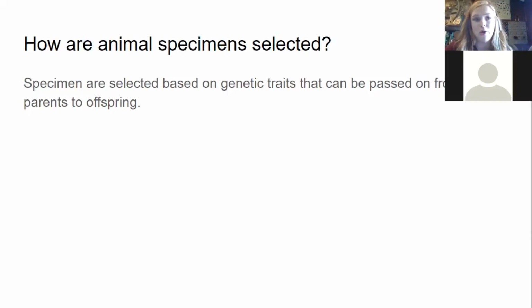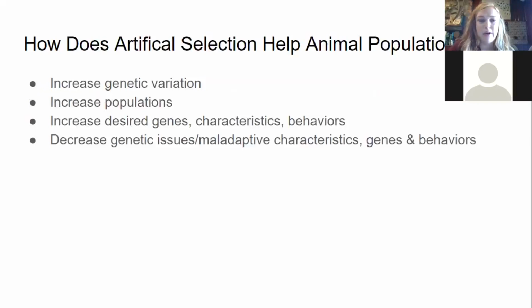Because that's also an issue that can occur. Let's go back to that prior slide, we talked about decreasing genetic issues or decreasing the amount of maladaptive characteristics, genes, and behaviors that animals can produce genetically and phenotypically.